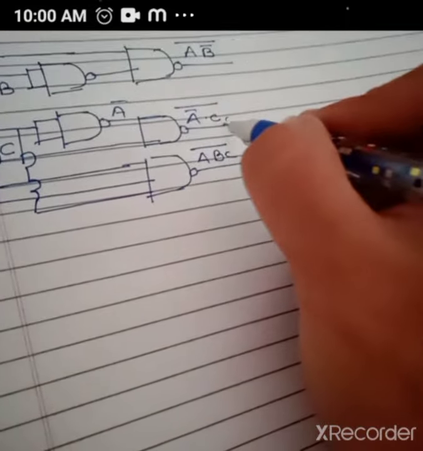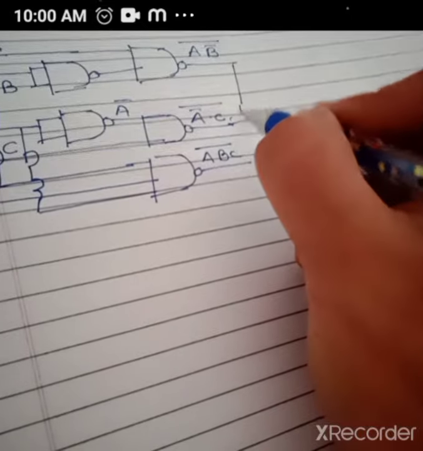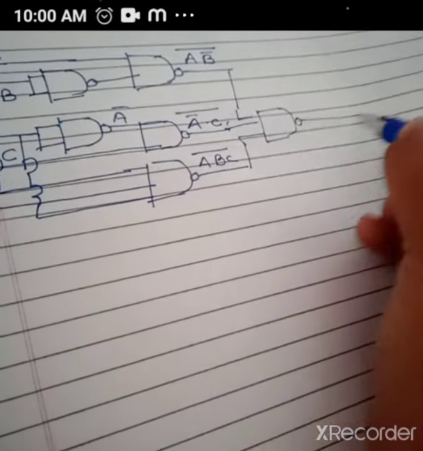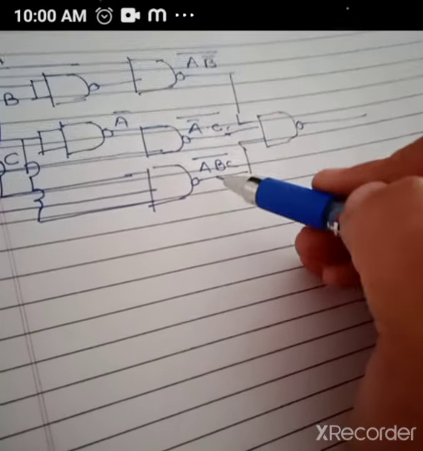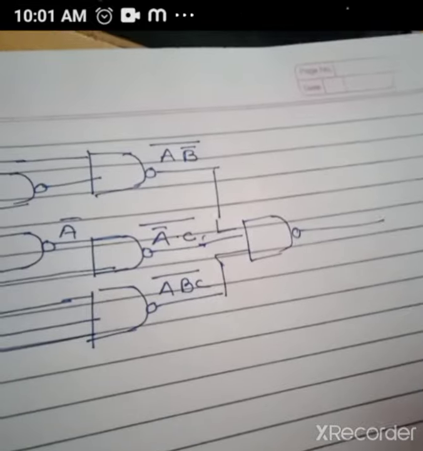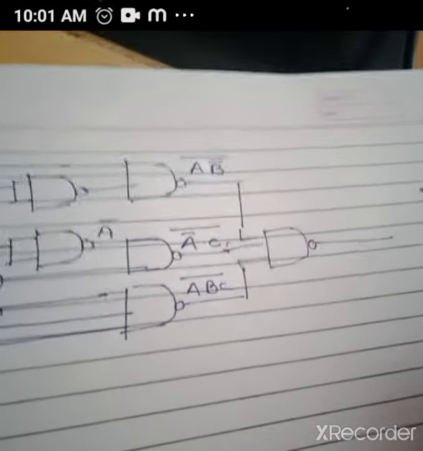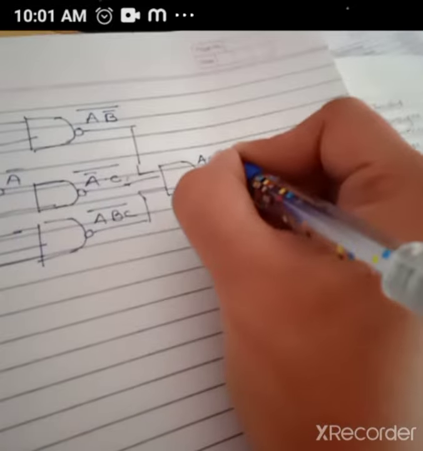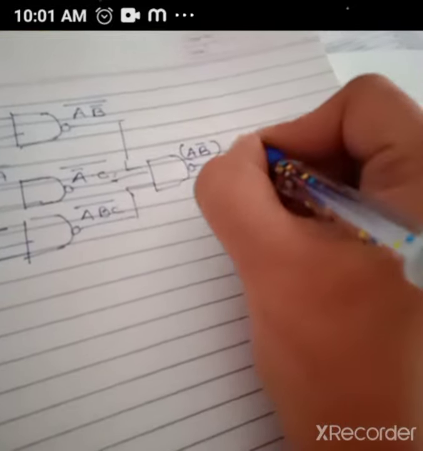Now all these terms you have to combine with NAND only, which will give you these 3 terms' multiplication with bar, right? And again, this is called an implementation using NAND gate.